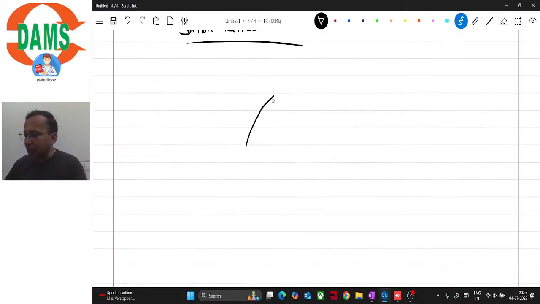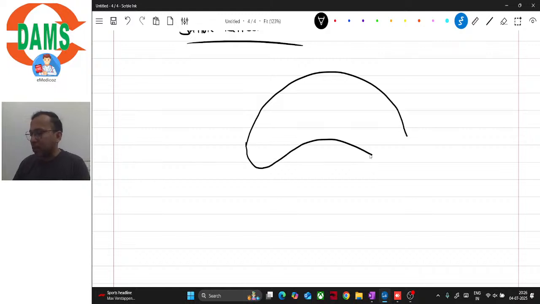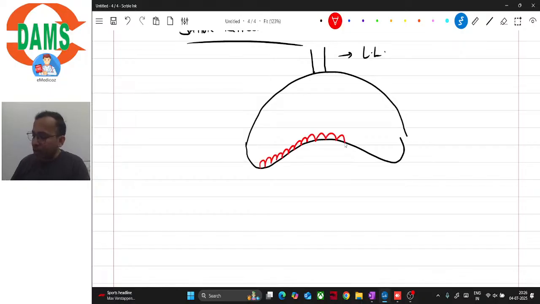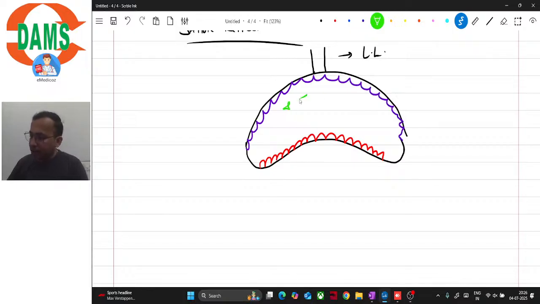So what else do we notice at the cap stage? Let's say this is the cap stage, attached to the dental lamina with a stalk, that is the lateral lamina. First thing that we notice here is the inner enamel epithelial cells, outer enamel epithelial cells, then the stellate reticulum cells.